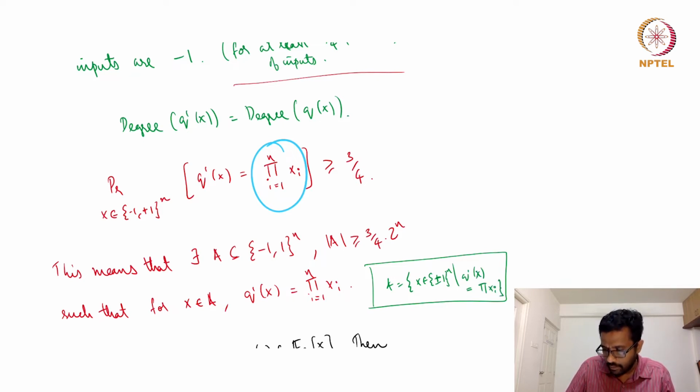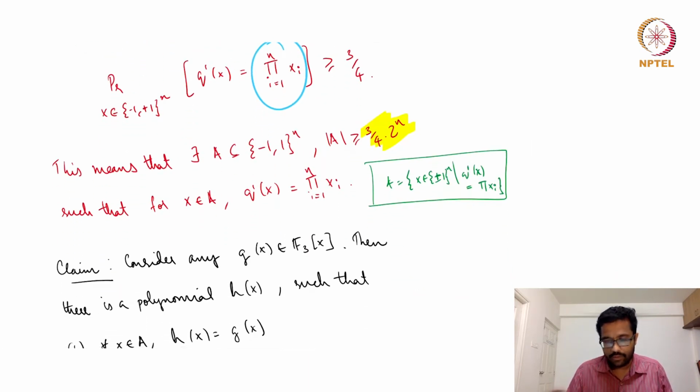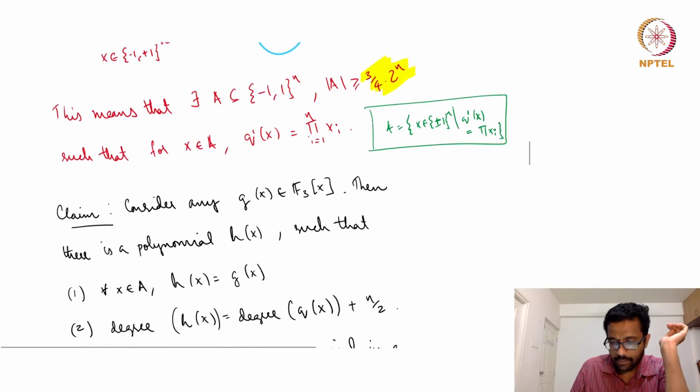And we know that Q prime agrees with parity on 75% of the inputs, so A is of size at least 75% of the entire domain. The domain is plus minus 1 power n, which is of size 2 power n. 75% is 3/4 of 2 power n. On this many inputs, Q prime agrees with parity.